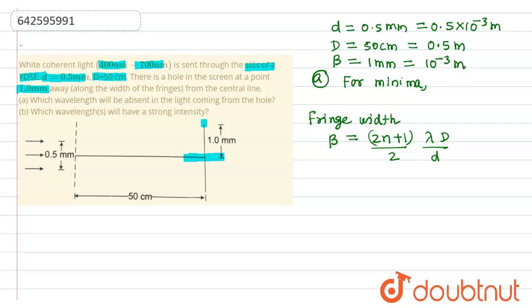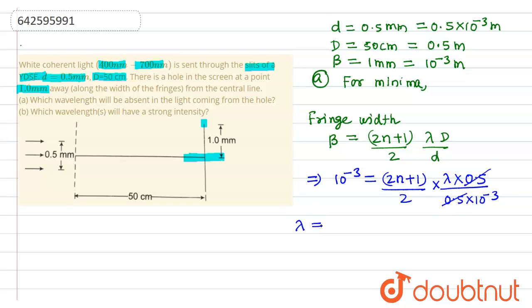Now use all these values over here. So put the value of beta, that means 10 to the power minus 3 equals (2n plus 1) upon 2, multiplied by lambda into D, which is 0.5 meter, upon small d, which is 0.5 into 10 to the power minus 3. So this will cancel each other. The value of lambda will be 2 into 10 to the power minus 6 by (2n plus 1) meter.